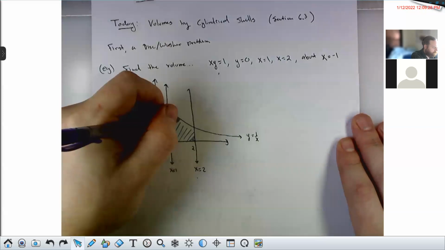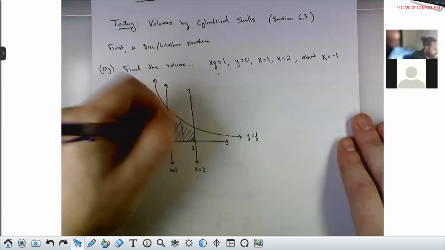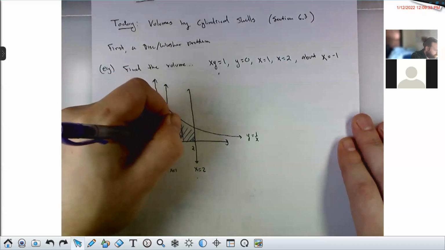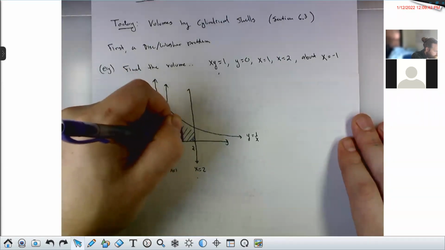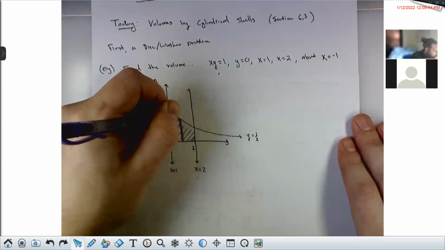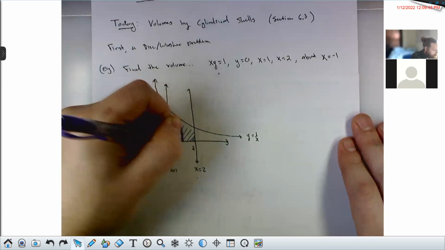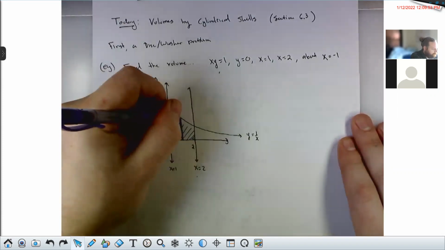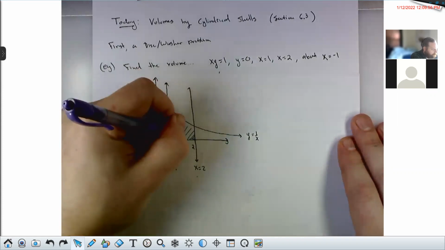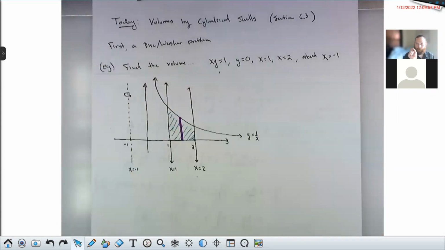So I come in here and, at an arbitrary location within my region, I draw a little differential thickness strip, this time parallel to the axis of rotation, like so. The thickness of that strip is dx, because it's a vertical strip, so that little thickness is a little change in x.